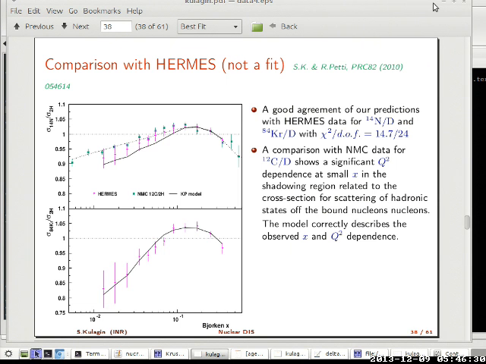The A dependence here is marginal, and the major difference between these two measurements and the curve is the Q-square dependence. The two experiments have different kinematical conditions, so the Q-square of HERMES is systematically smaller than NMC.